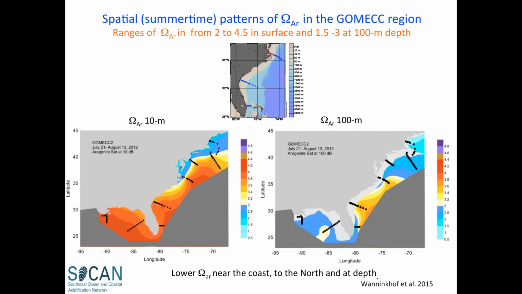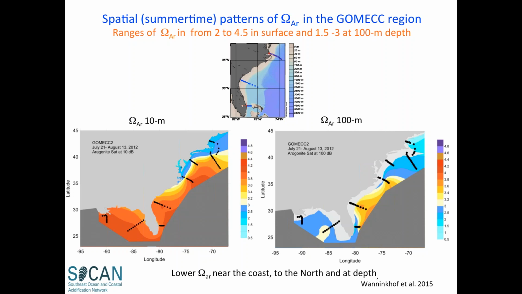A couple of things are worth noting: the further north you go, the lower the saturation states of aragonite. It is not a regular pattern. It varies some. And I'll explain a bit why we see this stream of low saturation state water hugging the coast.